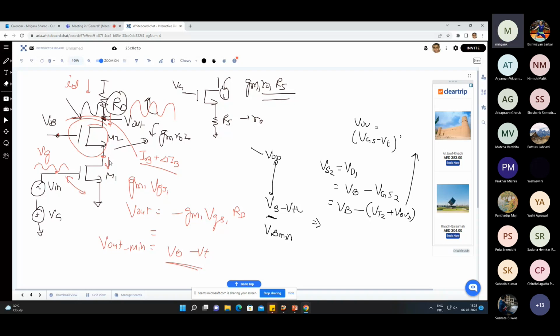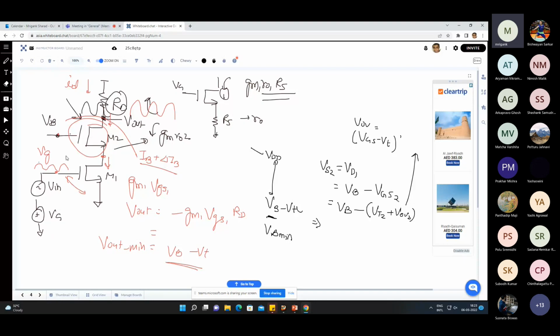To minimize this VGS required, what can I do? Ultimately, I have to lower VB. So I can try to increase the W by L of M2 so that the VGS required for M2 to support whatever current you are having through M1 is reduced. I can increase the W by L of M2.